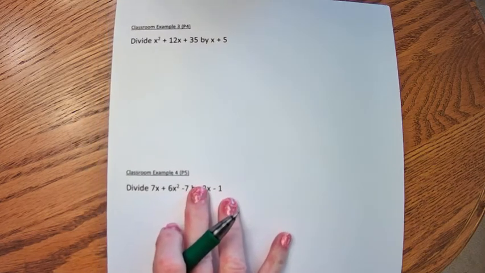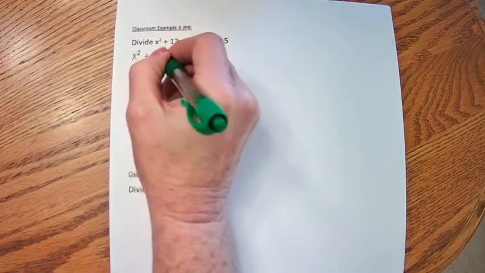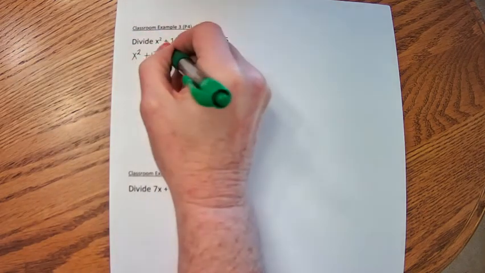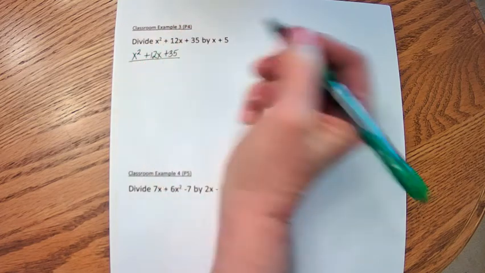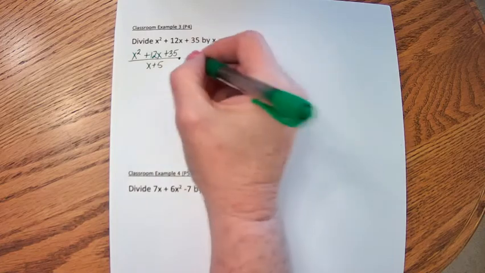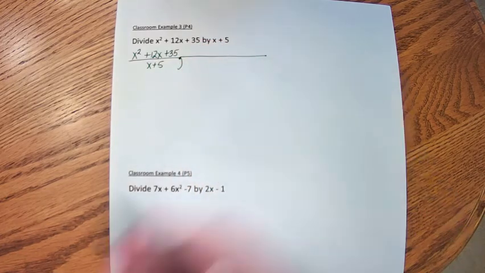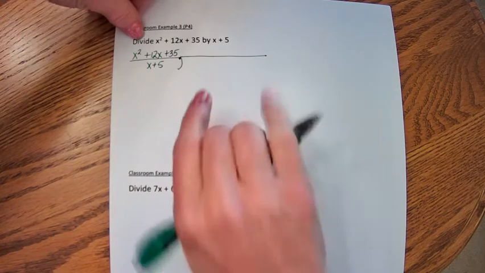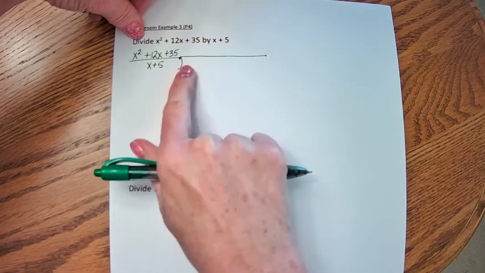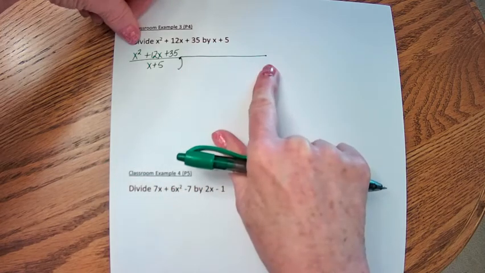So now for example 3, I have x squared plus 12x plus 35, and I'm going to divide by x plus 5. This is not a monomial, so I'm going to have to do long division. So I put my pencil on the division bar, make a division symbol, and I have to make sure every degree of my variable is in decreasing order, that there's a column for it.